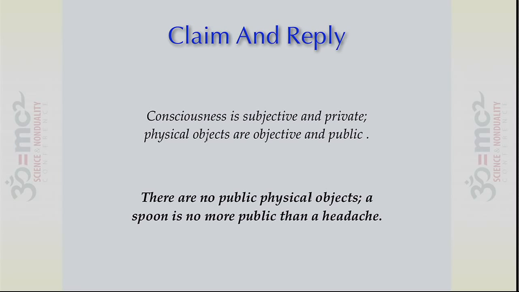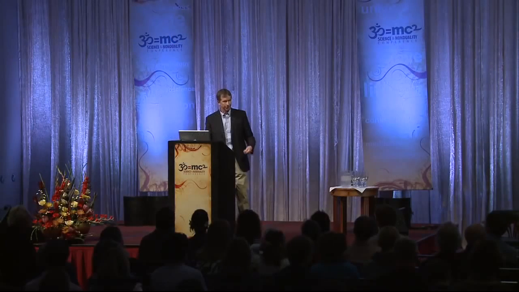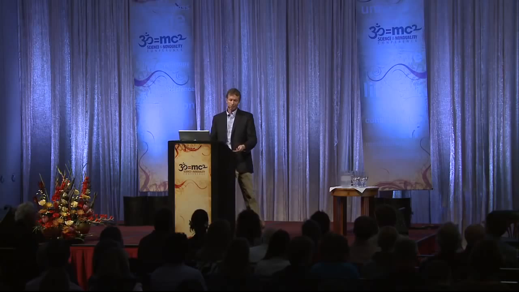If you look at this very carefully, it turns out that there are no public physical objects. A spoon, or this podium, is no more public than your headache. We can both talk about headaches and communicate because we've both had them, but there's no public headache. In the same way, we can both talk about the podium that we're each creating as perceptual experiences, but there's no public podium because podiums aren't part of objective reality.